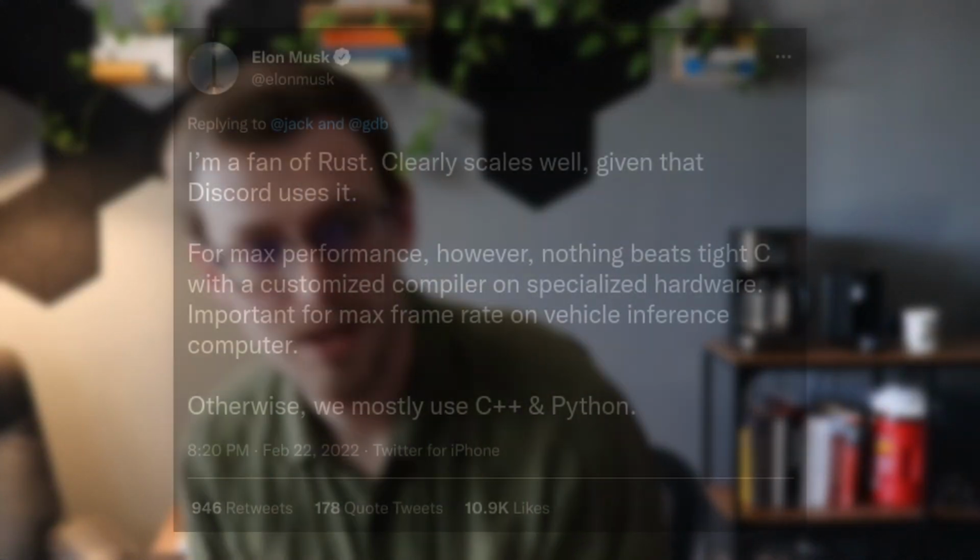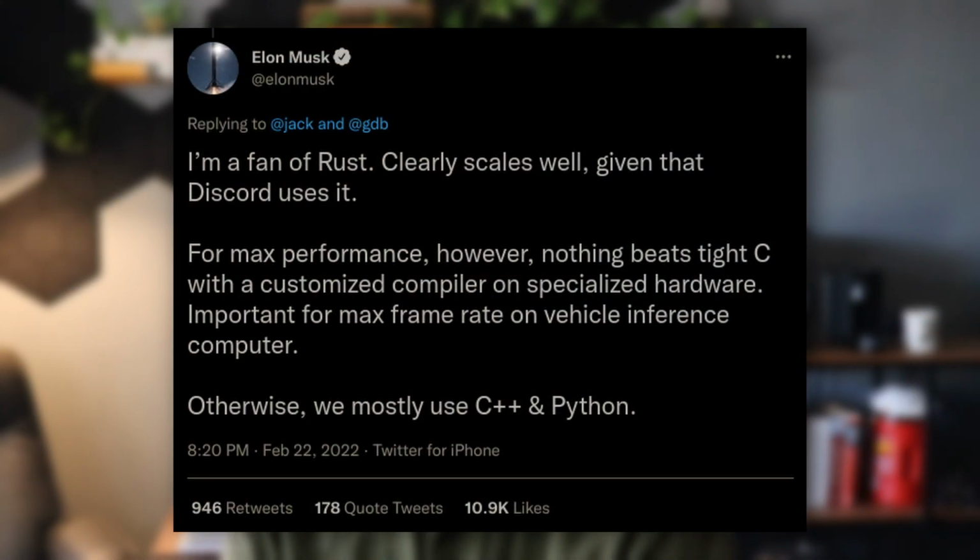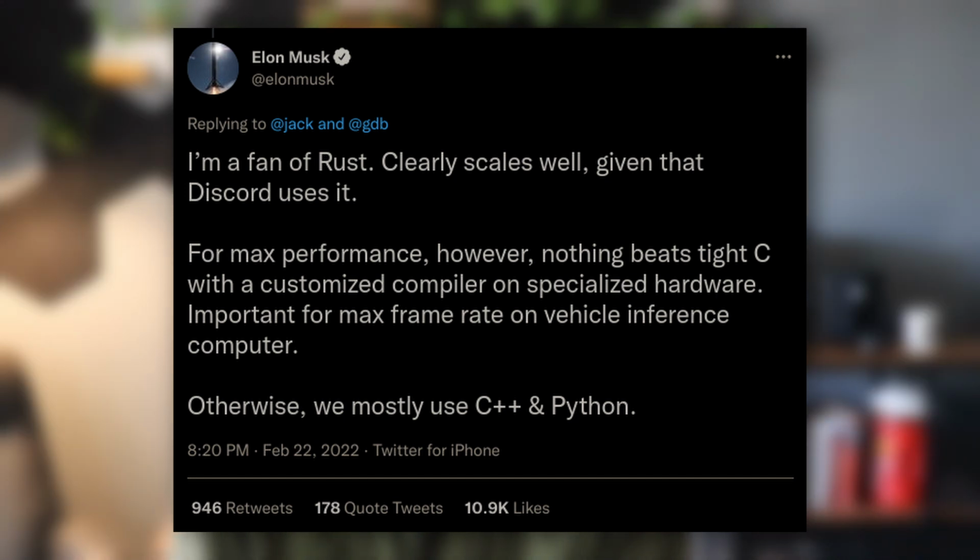Another cool thing, though, is that Elon Musk tweeted about Rust in response to somebody saying that he likes Rust. But that for his purposes at Tesla, it doesn't make sense to use Rust because you need to be so optimized that you have your own tightly wound C++.